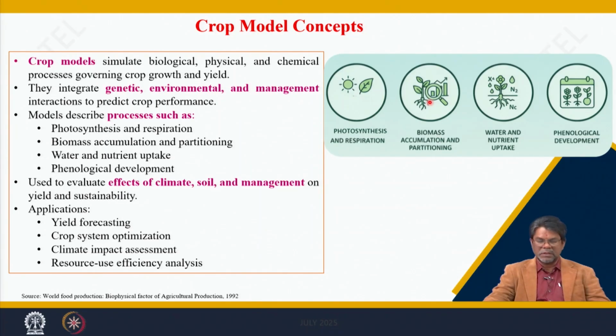Then biomass accumulation and partitioning, because the biomass accumulated in the crop is partitioned to different organs like leaf, stem, root, flower and fruits. Water uptake and nutrient uptake are also simulated in the crop model.